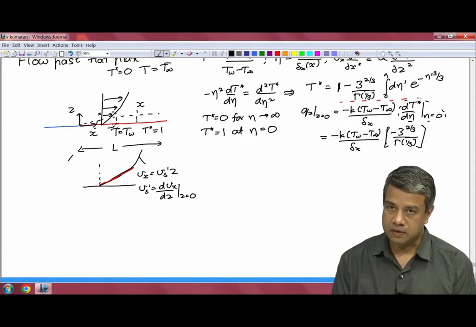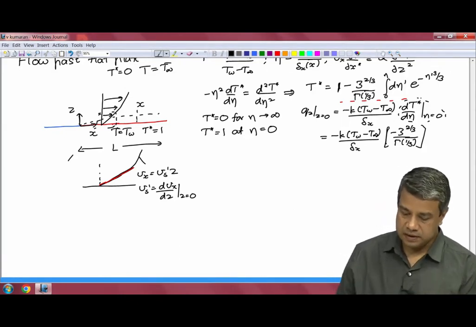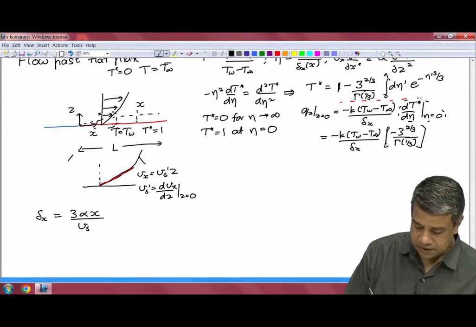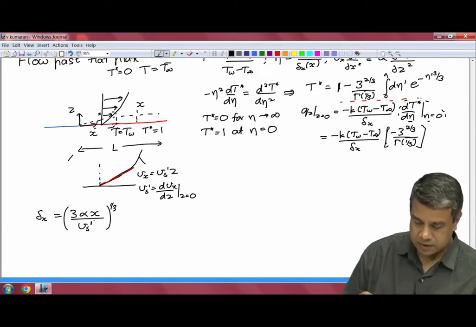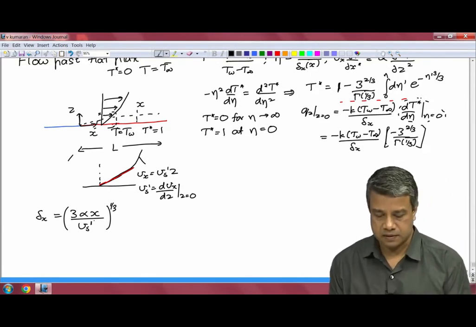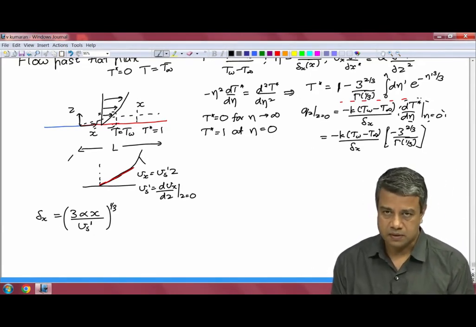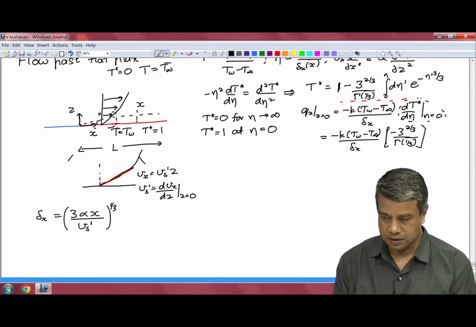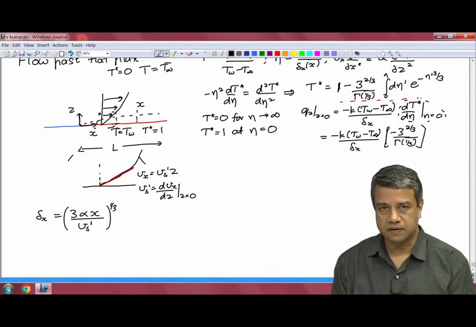The equation for the boundary layer thickness was also solved, and the final result I got for the boundary layer thickness was delta x is equal to (3 alpha x by Vs prime) whole power 1/3. This was the first order differential equation for the boundary layer thickness, which we had solved in order to get the solution. I had substituted this solution into the heat flux at the surface.